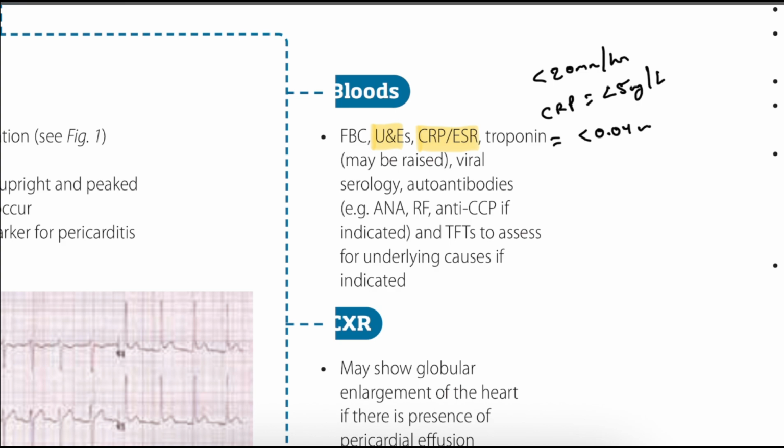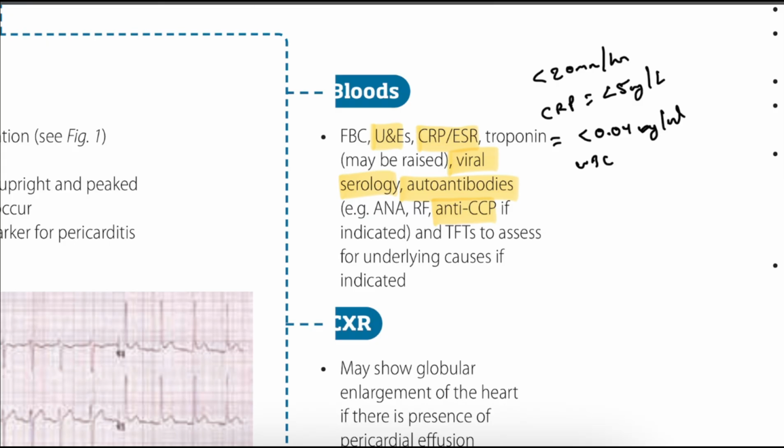Okay. And if you are suspecting viral pericarditis, we have to check viral serology and autoantibodies like ANA, rheumatoid factor and anti-CCP if indicated, and thyroid function test to assess for underlying causes if indicated. Next, if troponin is mildly elevated, we have to suspect myopericarditis.